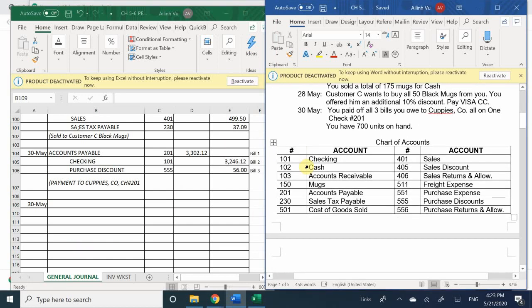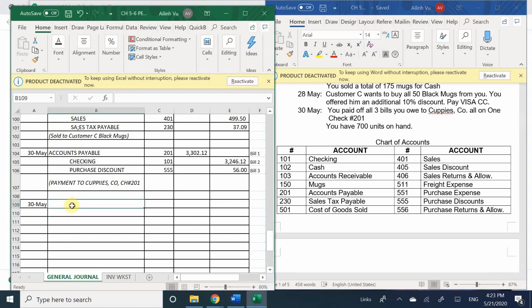Okay, I got it. What accounts are we going to be using? Yes, correct. Mugs and cost of goods sold.